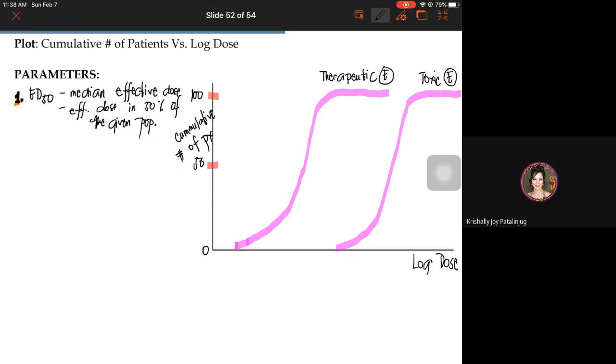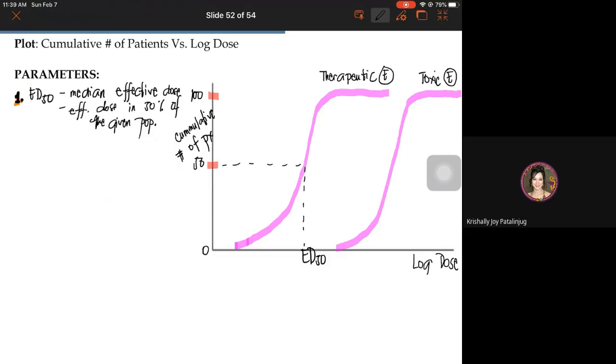Okay. So in this particular quantal dose response curve, the ED50 would then be on this part. Okay, the 50%.